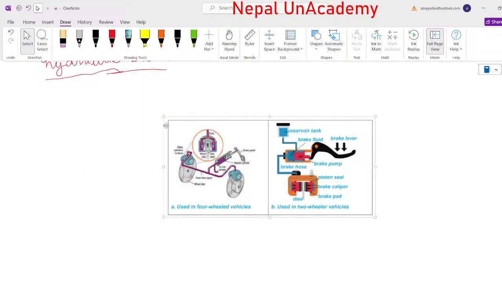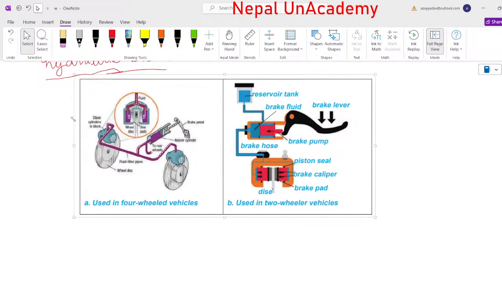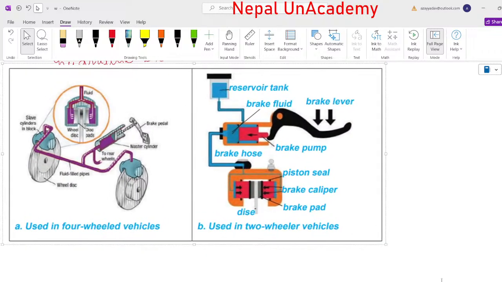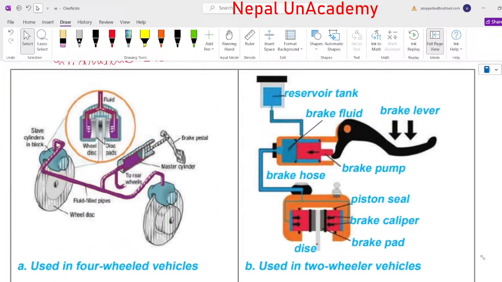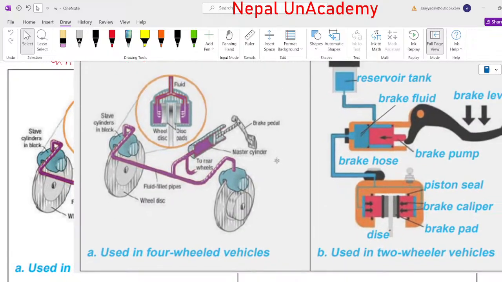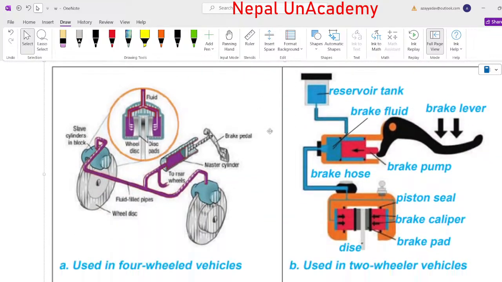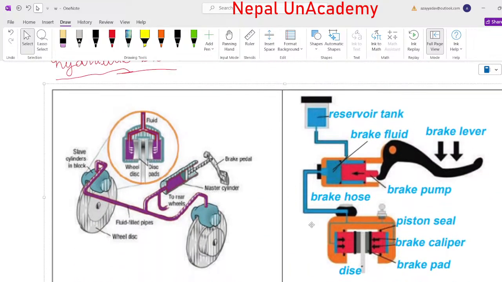This is the hydraulic brake pressure application. Let me expand it more for better visualization. So see guys, now this is the hydraulic brake.